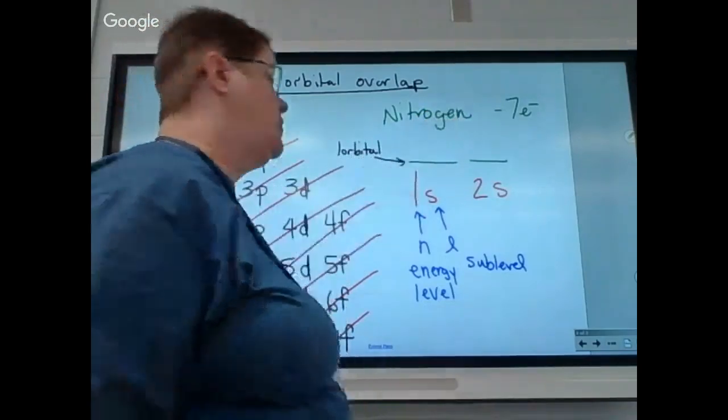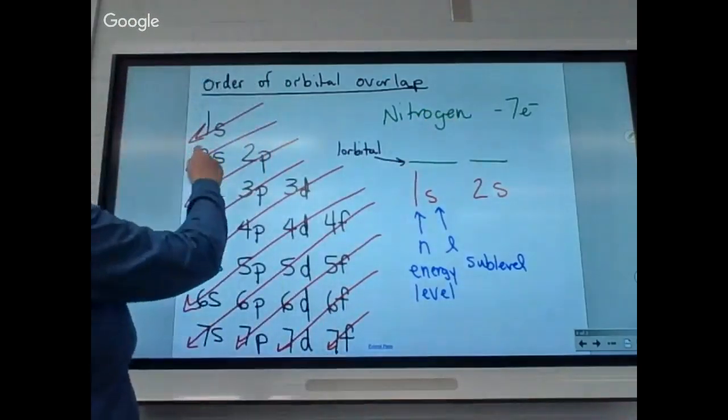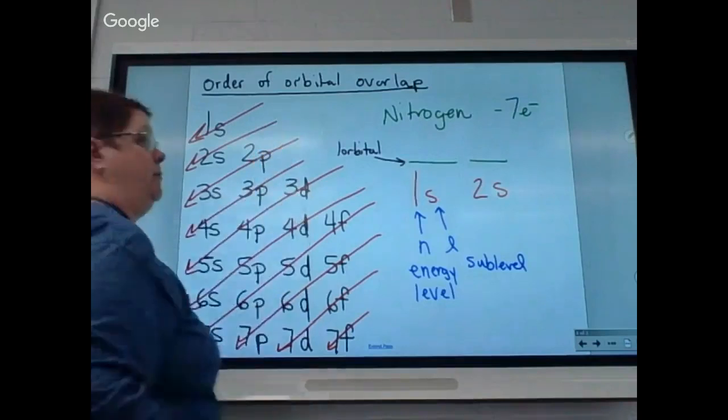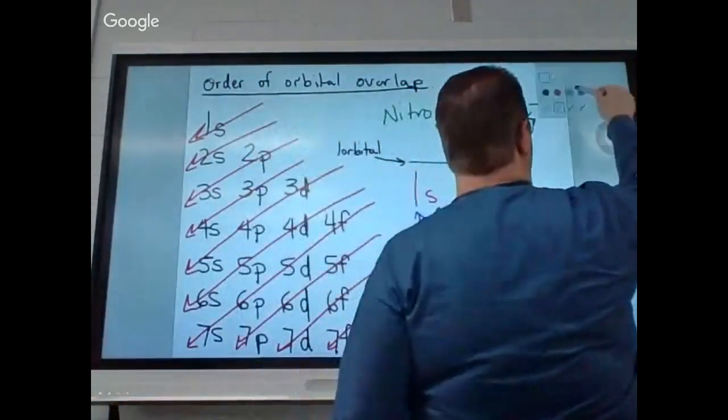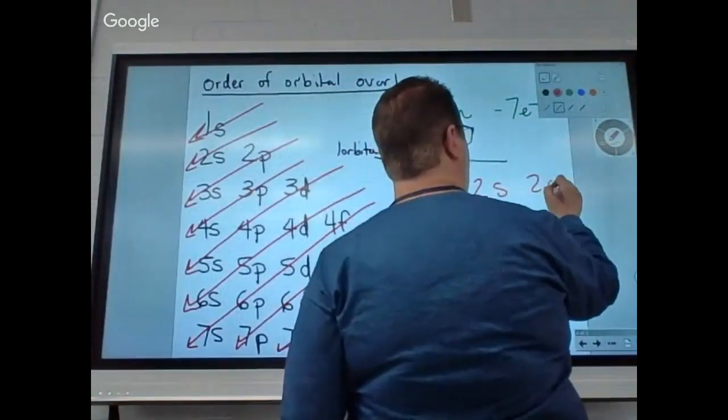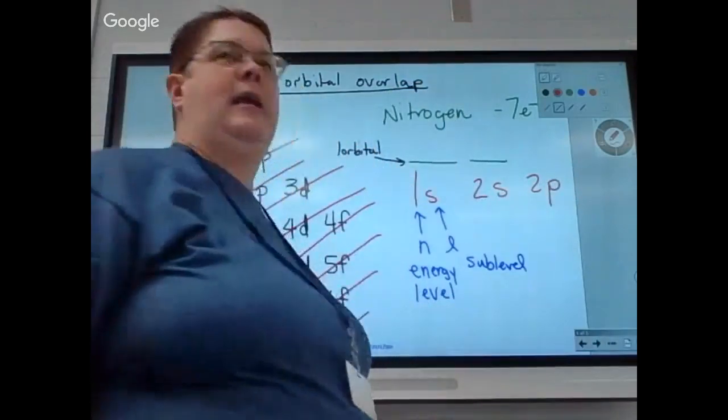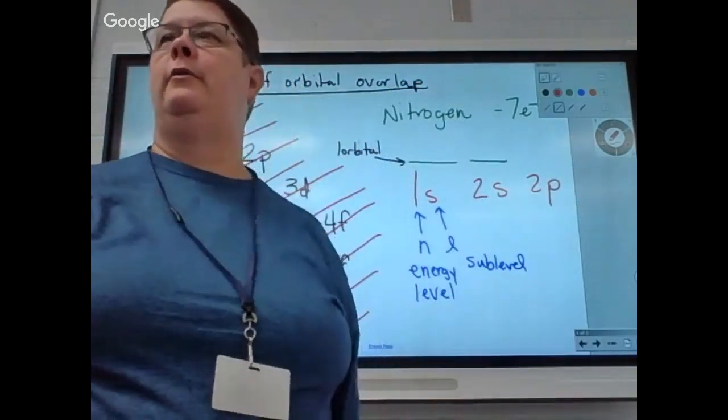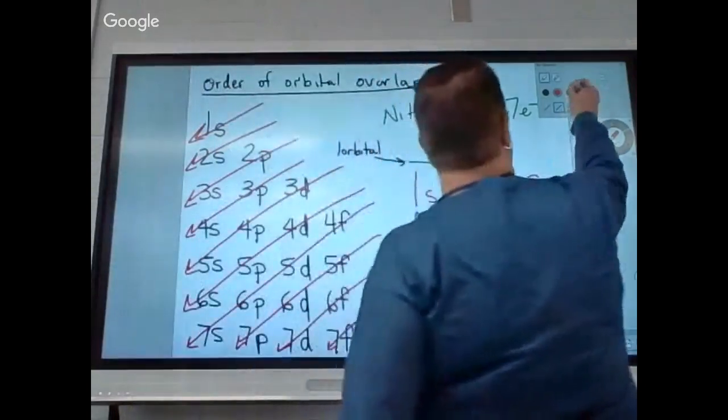I'm not getting it. So back to my chart. What comes after 2s? 2p. So how many orbitals can I draw for 2p? I'm drawing 3 lines this time.